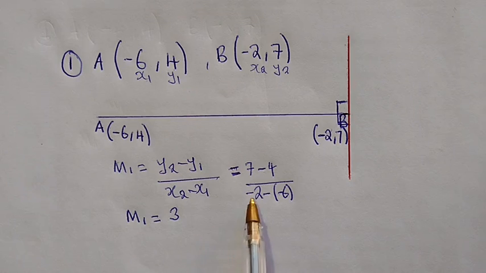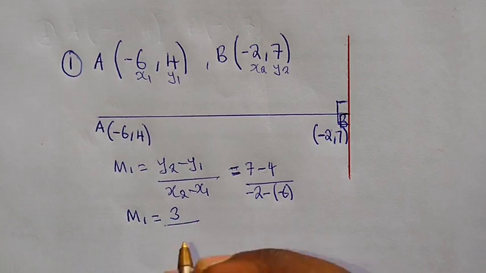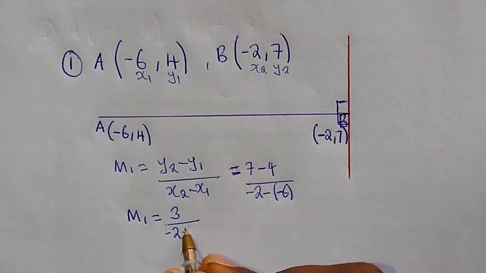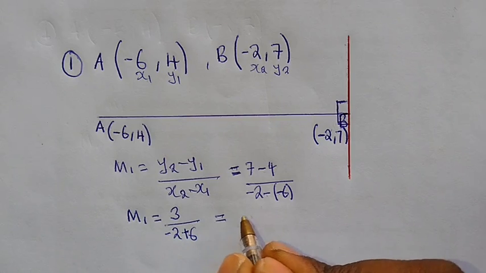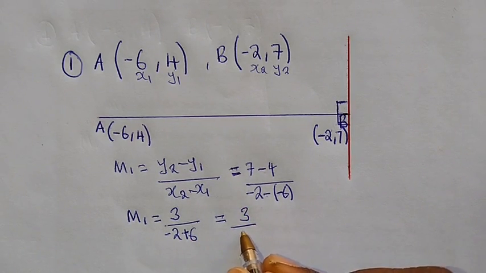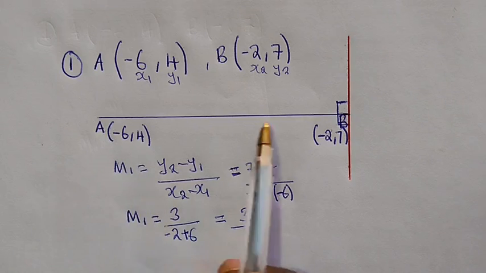Then negative 2, negative times negative is a positive 6. So we have 3 over negative 2 plus 6, which gives us a 4. So this is the gradient of line AB.